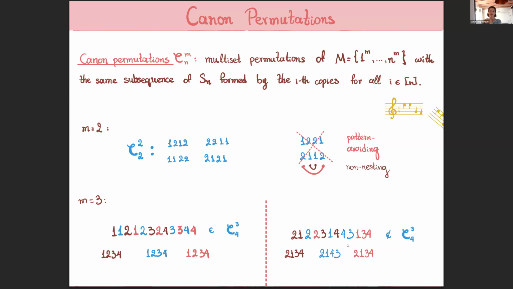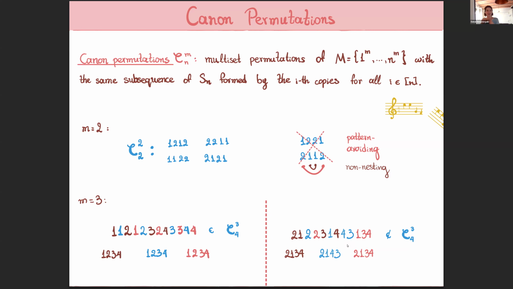Great, so when the multiplicity is fixed equal to 2, then I can use a pattern avoidance condition to characterize these permutations. So you can see here the example where n is equal to 2. 4 of the permutations are Canon, whereas the permutations 1, 2, 2, 1 and 2, 1, 1, 2, they're not Canon because the two subsequences are different.